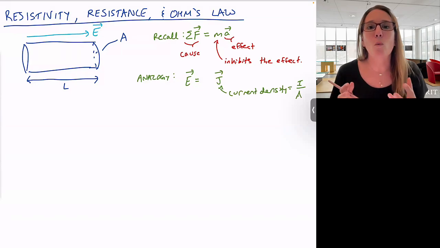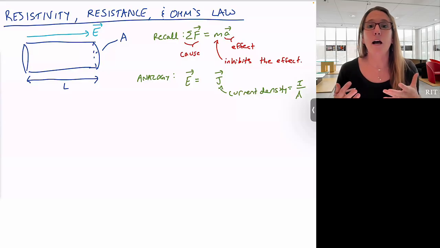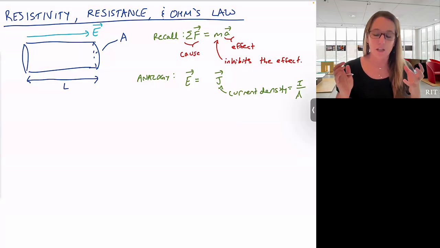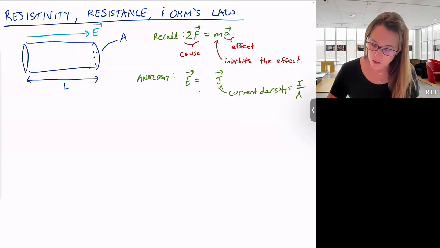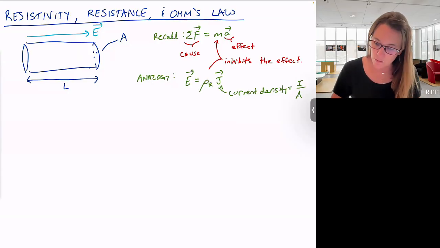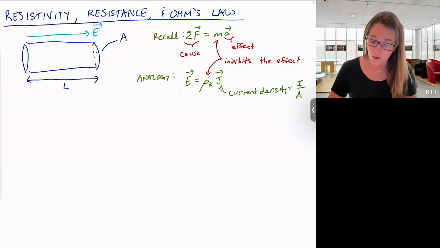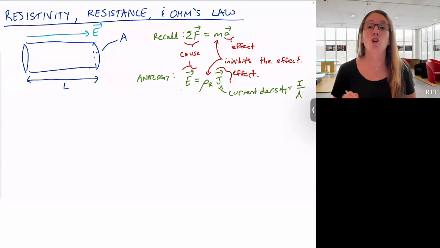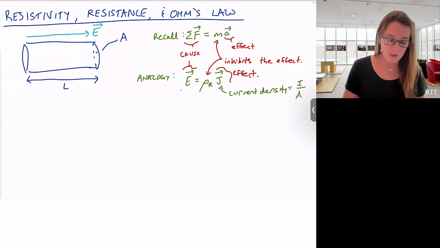And then we have to talk about, well, what might inhibit that? The electric field creates the current density, and there's going to be this inhibitor, and the inhibitor here is going to be what we call the resistivity. So the cause is the electric field, the effect is the current density, and the inhibitor is the resistivity.